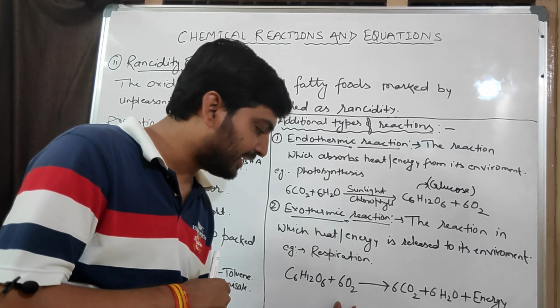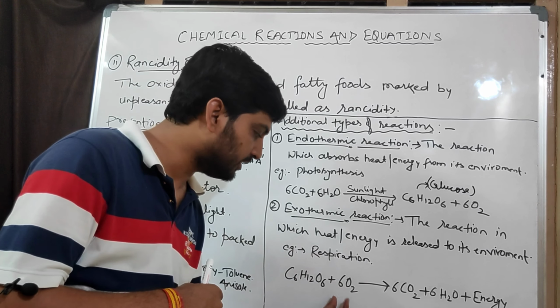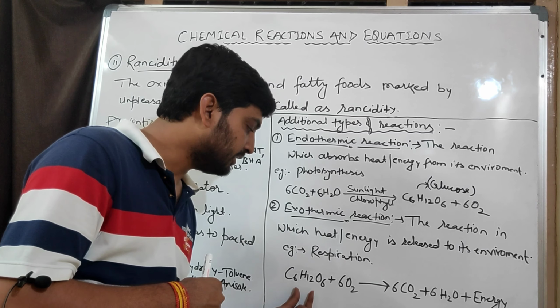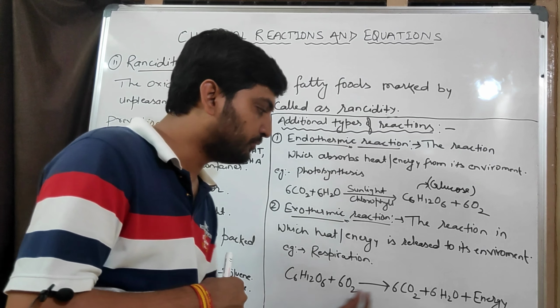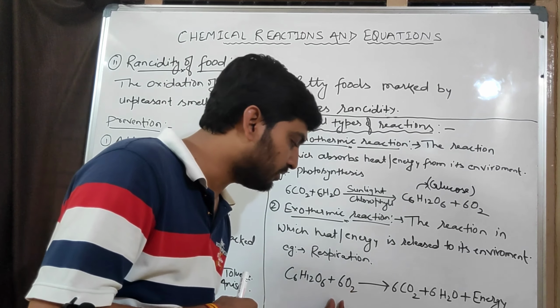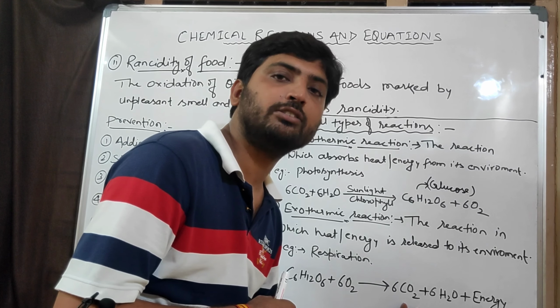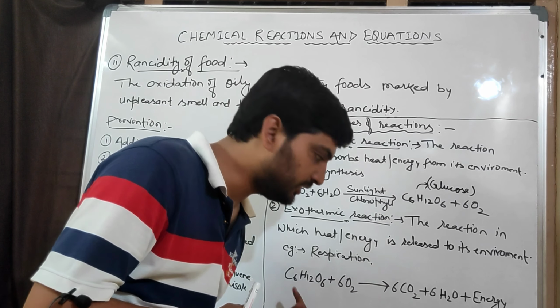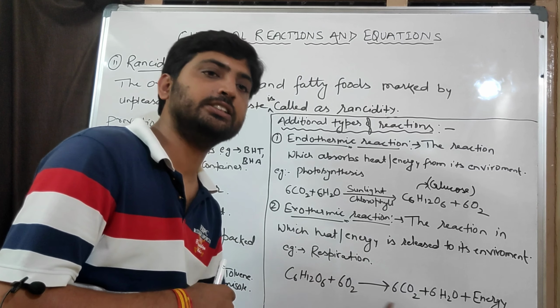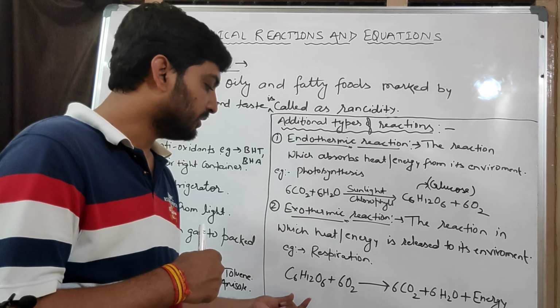Now you see, you take oxygen. This oxygen helps the glucose break down to form water, energy and carbon dioxide. Means you take oxygen and you release carbon dioxide. So this is the full respiratory reaction, which occurs in our respiratory system.